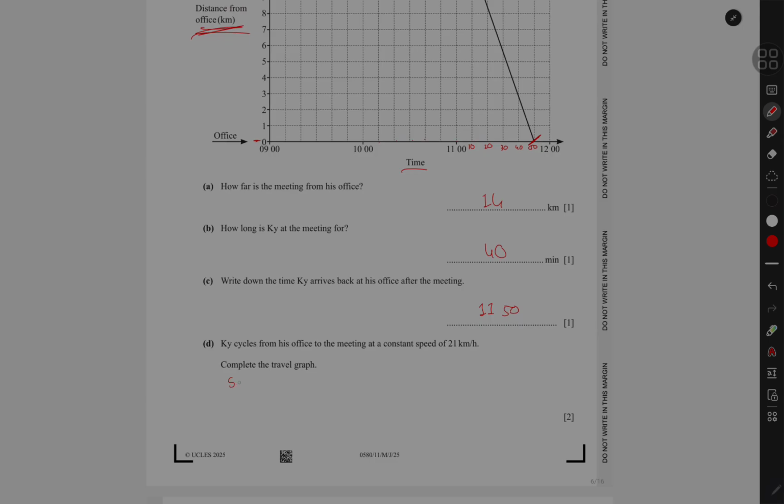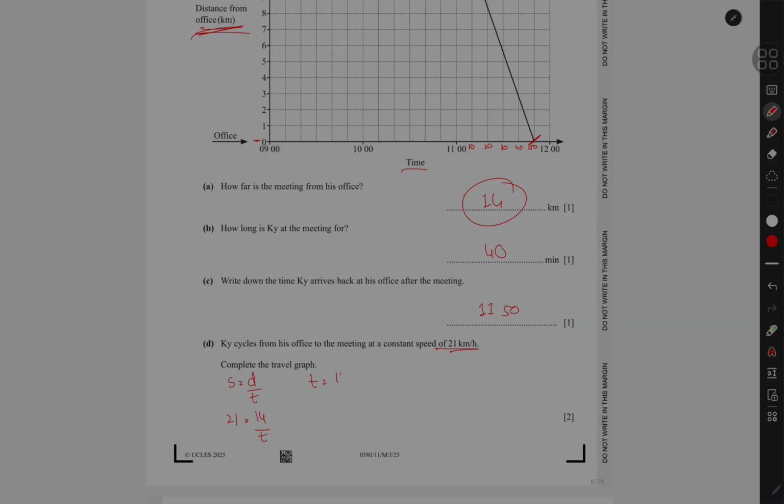The formula is speed equals distance over time. You should have memorized this formula. Speed is 21. Distance we now know is 14 kilometers, 14 over time, we don't know. We need to calculate the time.